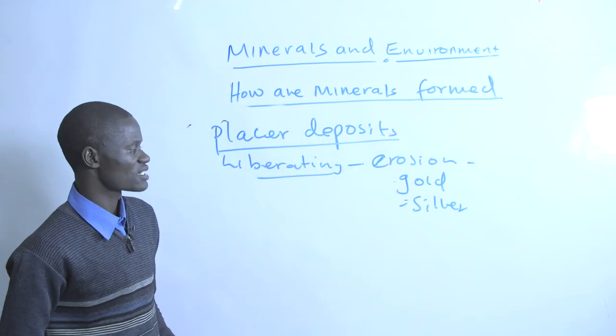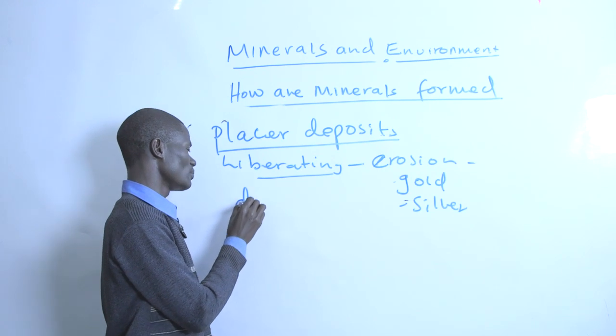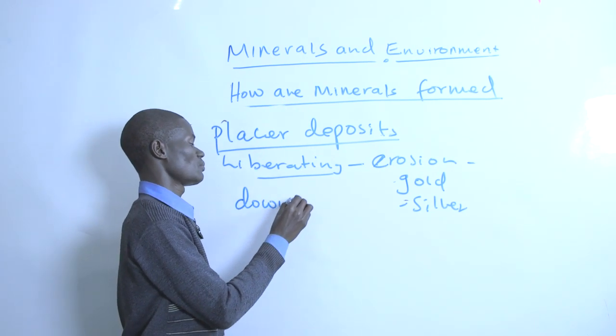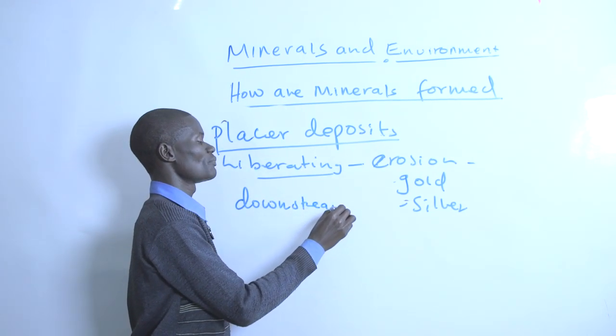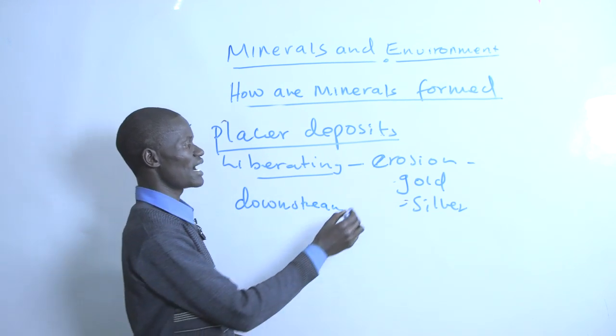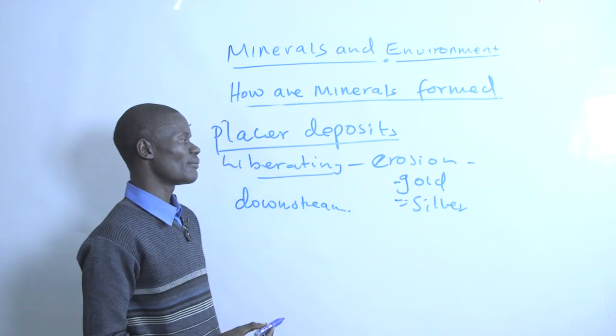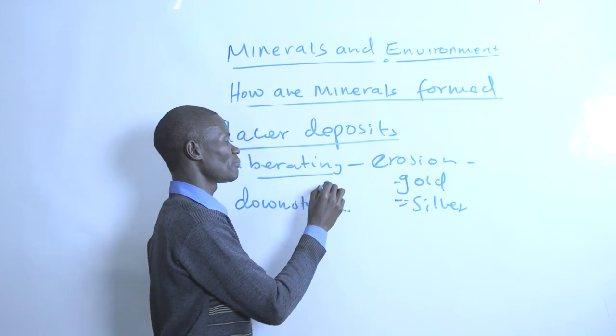They can be transported down the stream depending on the area of their occurrence, because some can be embedded in the bedding planes.